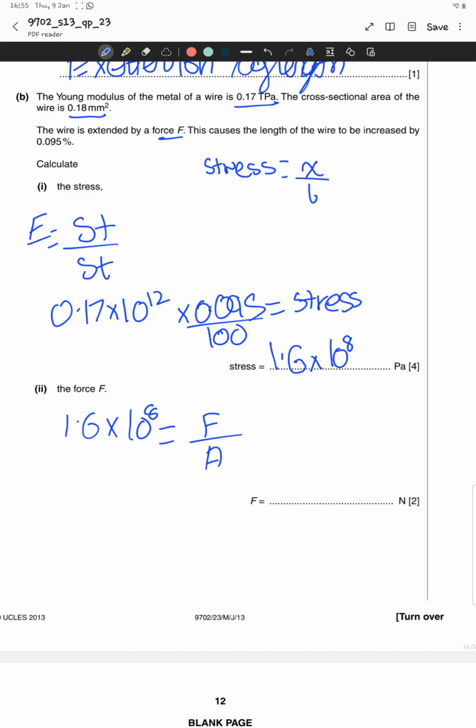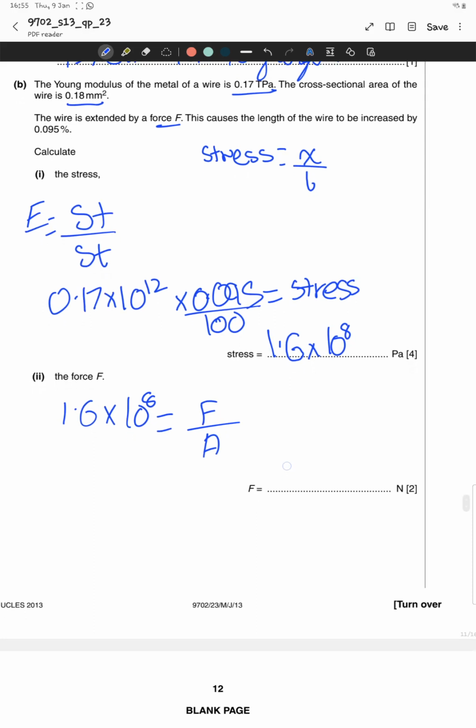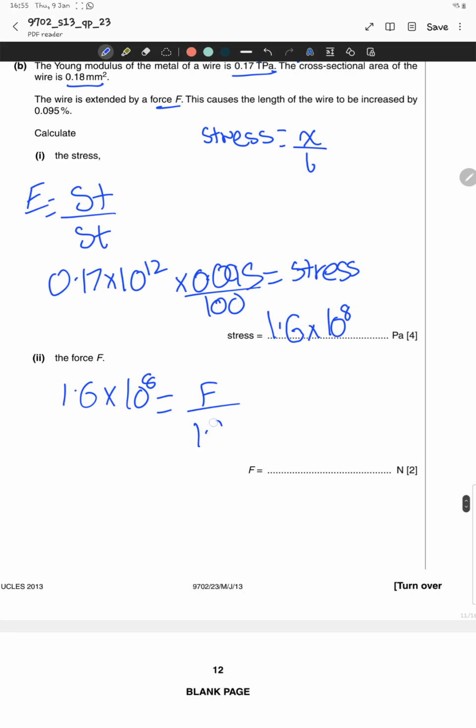So this area is 1.8 times 10 to the power of minus 7. You multiply by 1.6 times 10 to the power of 8, which is 28.8. So yeah, 28.8.